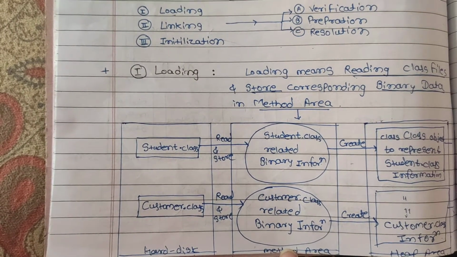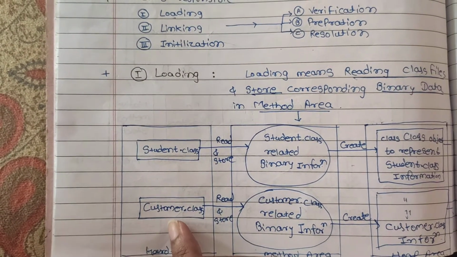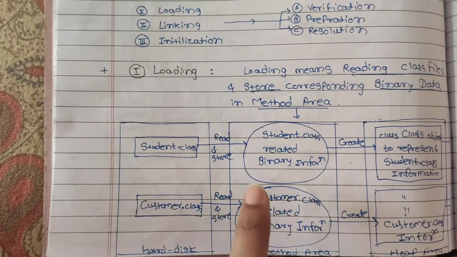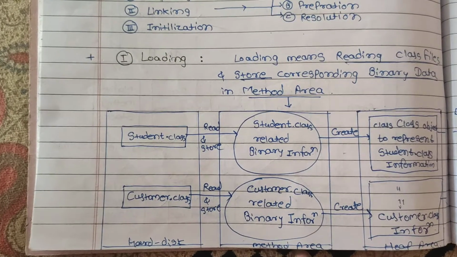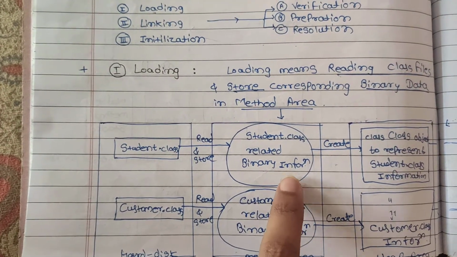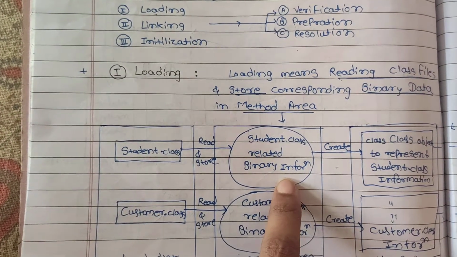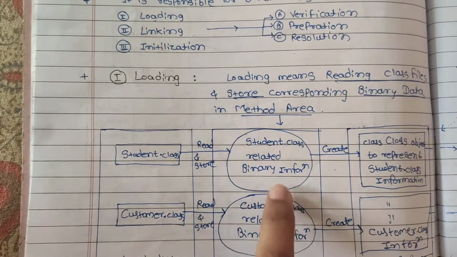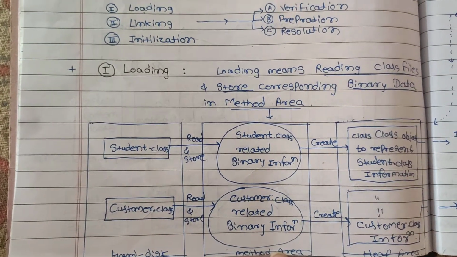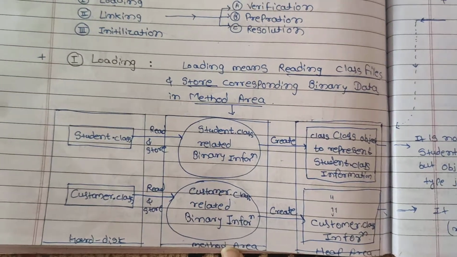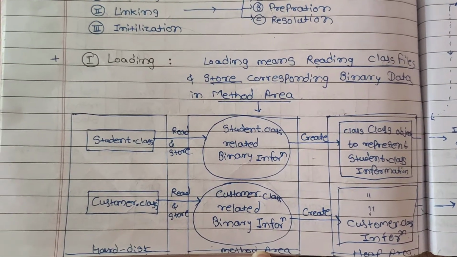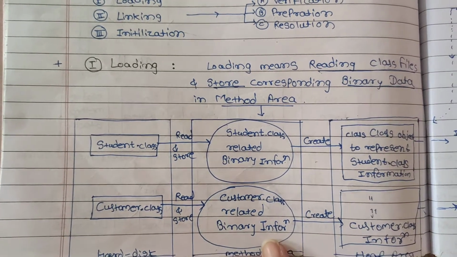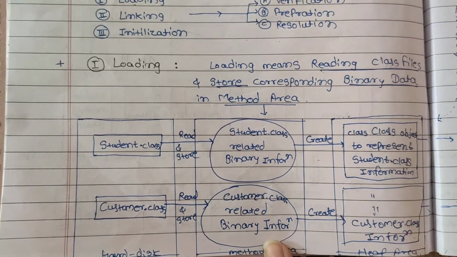The class loader reads and loads that .class file and stores it in the method area. All the binary information related to this .class file will be stored in the method area of the JVM. In the next few minutes we will see what this binary information related to a .class file is.